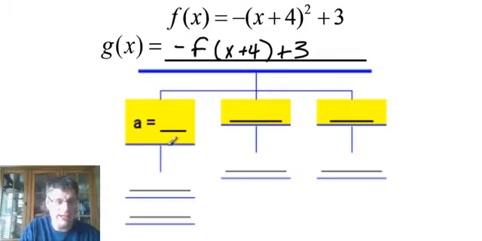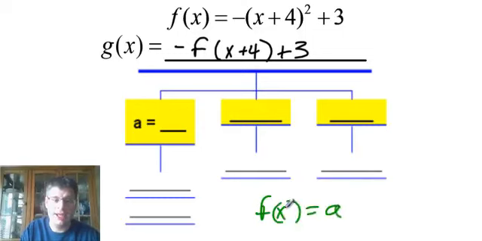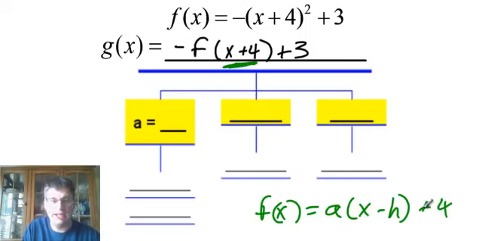So where I'm getting that is from the previous slide. It's that whole f of x is equal to a, and so our a value here is in front of the x, and then x minus h. Okay, so we express that part here, and then our plus k, which is right here.